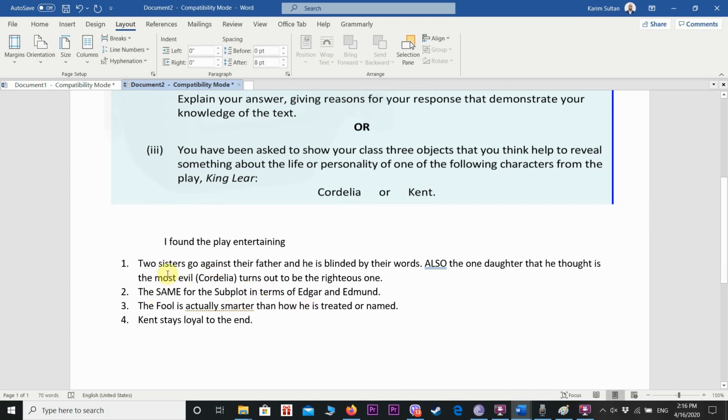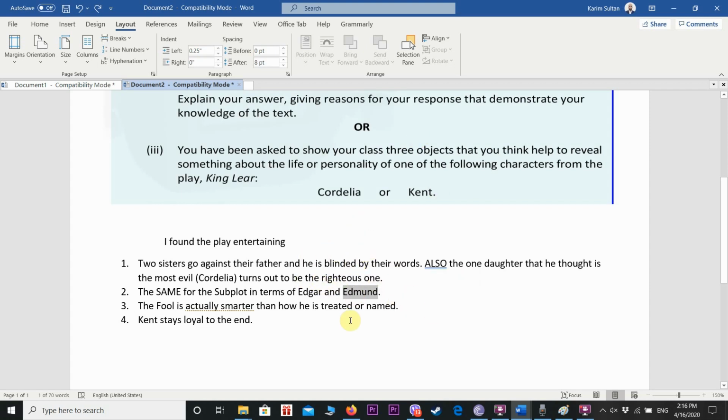These include how Goneril and Regan contribute to the entertainment of the play by betraying their father, while Cordelia, and then you just continue what is written here. Another reason is that the same happens with the two brothers, Edgar and Edmund, and how the father chooses to trust the illegitimate evil son while Edgar is the rightful one, just like Cordelia.